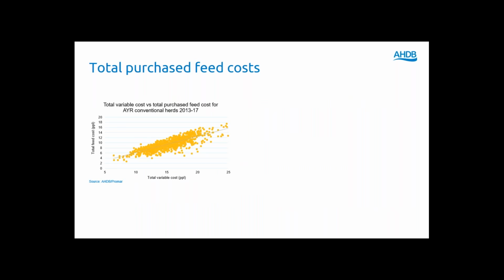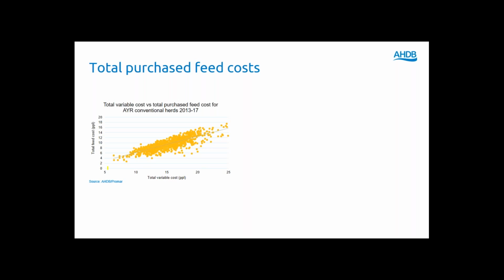Right. So let's have a look at some evidence around that then. This is, again, I've taken 5 years worth of data here and done this scatter plot. Along the bottom we've got the variable costs for the individual farms, and we've got the total feed costs up the side.